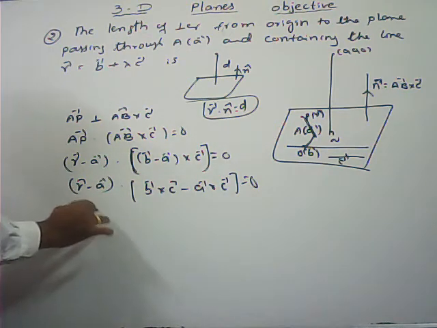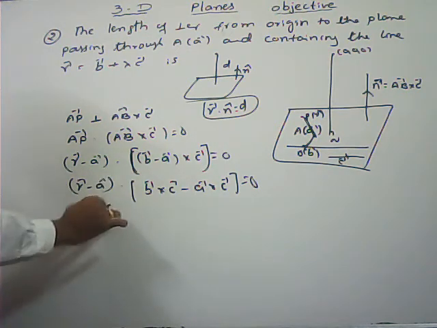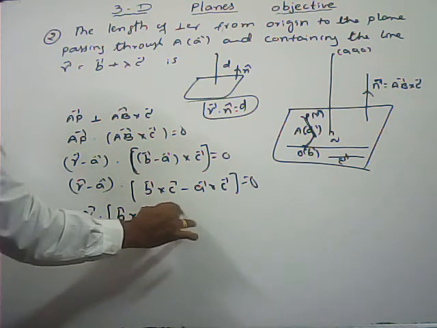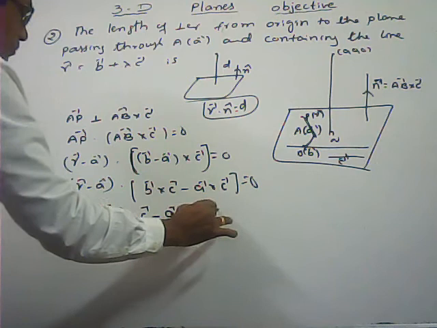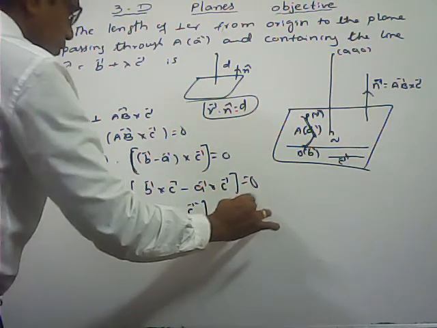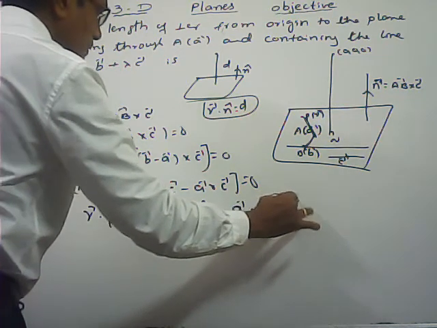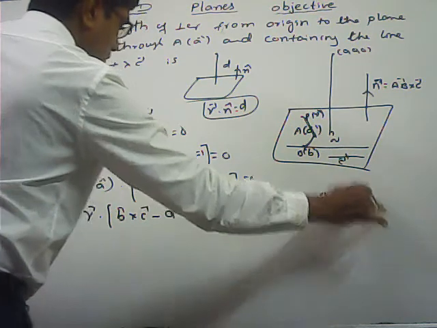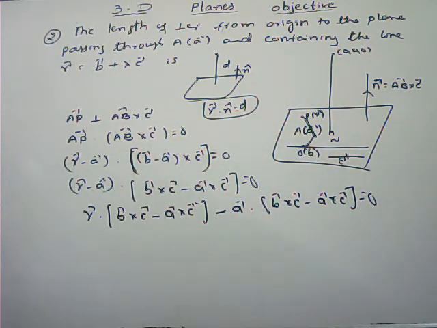R bar dot B bar cross C bar minus A bar cross C bar, minus A bar dot B bar cross C bar minus A bar cross C bar, that is equal to 0.